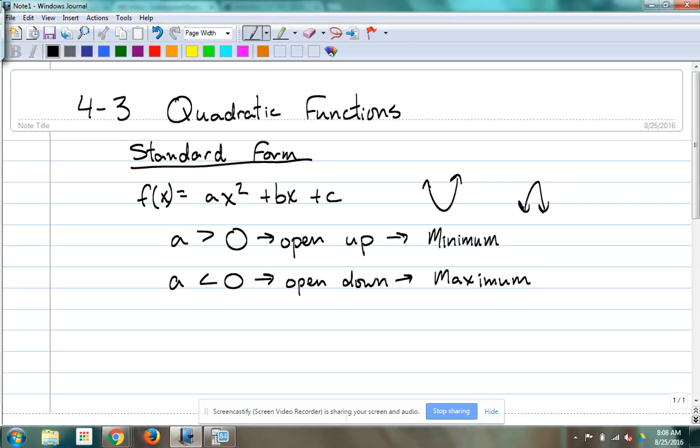Well, that absolute maximum or absolute minimum is going to occur at a point. What's that point called? That point, right here or right up here. The vertex. Yeah, that's what it's called. So, vertex. That's our absolute max.